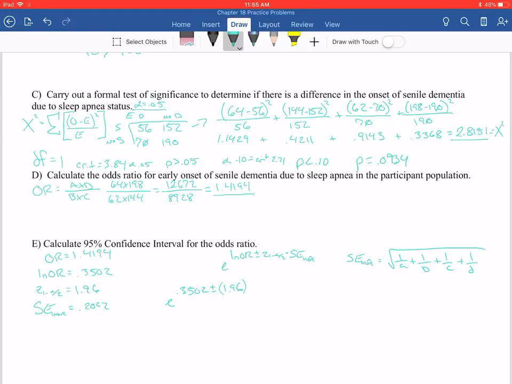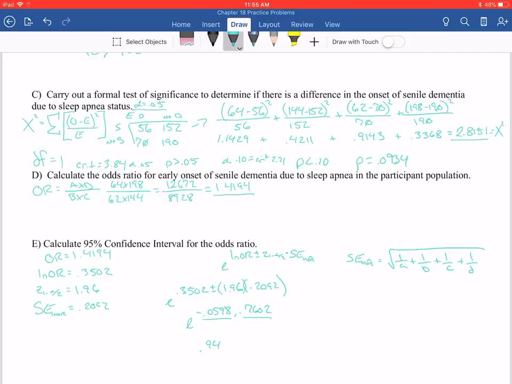To carry out the rest of the equation, we're going to have e to the 0.3502 plus or minus 1.96 times 0.2092. You work this out, you're going to get e to the negative 0.0598, comma 0.7602.